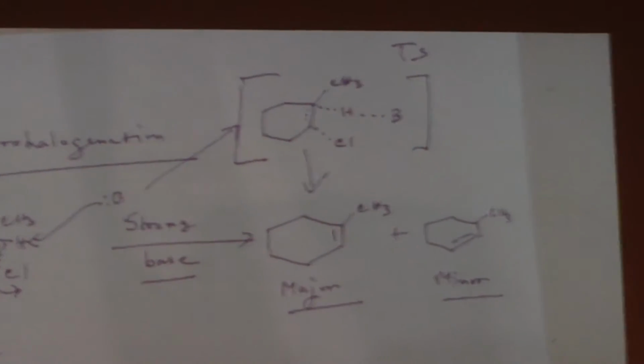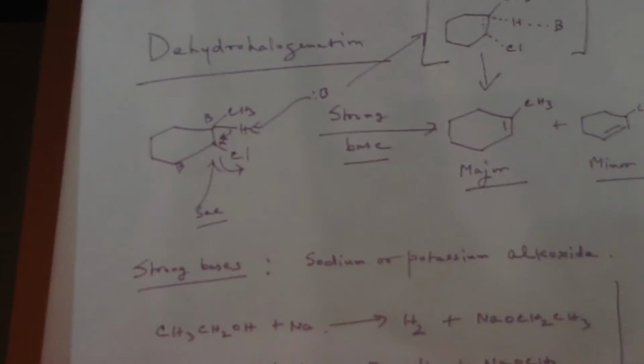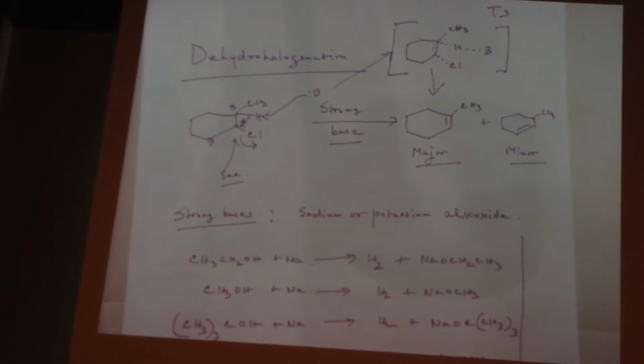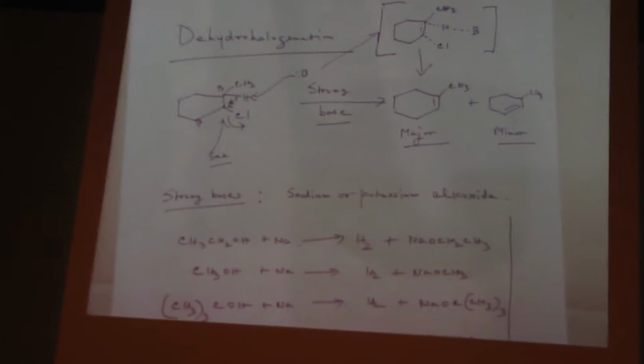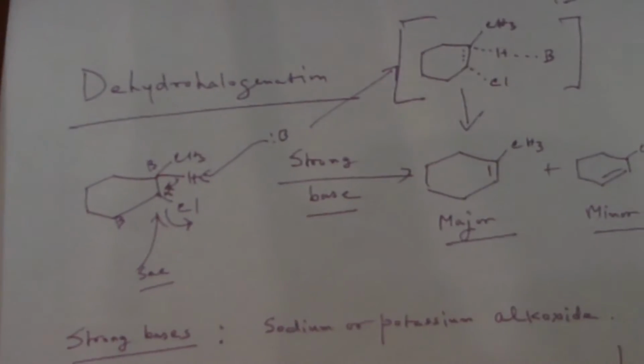So again, you can see that the pattern is very similar, and you are able to predict the product based on that. So dehydrohalogenation is essentially, in general, this type of reaction where you do the elimination of the hydrogen and the halogen at the same time. These reactions again follow the same pattern as we have seen before.